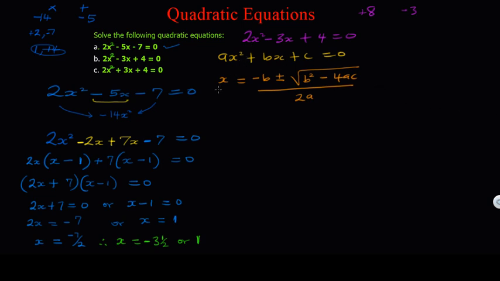Here our a is equal to 2, our b is equal to minus 3, and our c is equal to 4. So we can substitute this into the general formula.